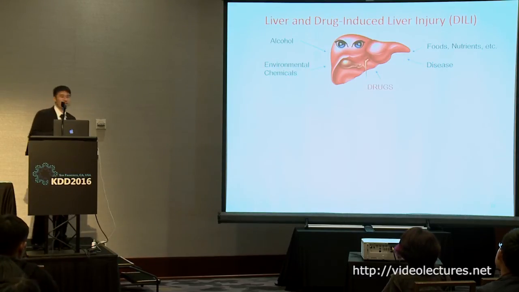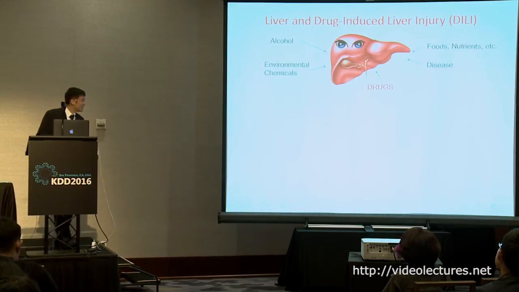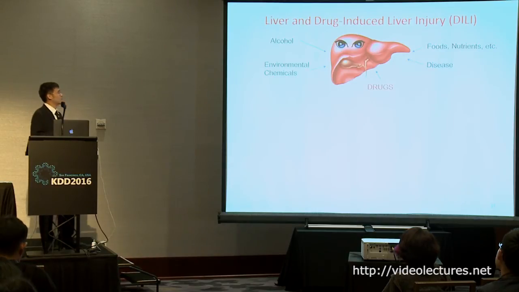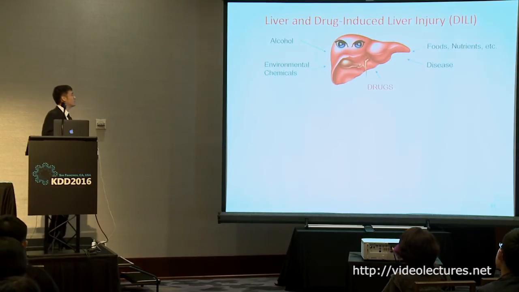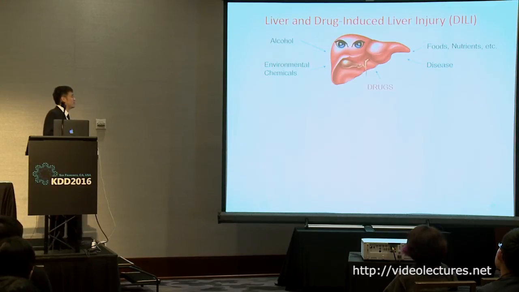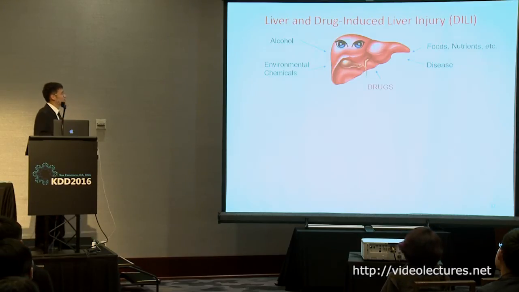It takes the internal chemistry, like the hormones and the blood, and controls everything. Also, the liver takes into consideration a lot of environmental chemistry, like alcohol, environmental chemicals, disease, and also foods and nutrition, and the most important thing, definitely drugs.